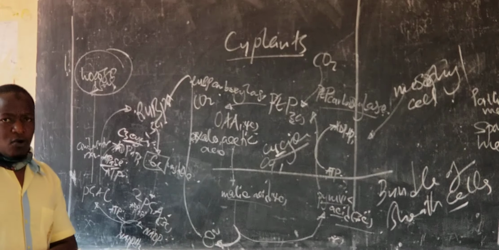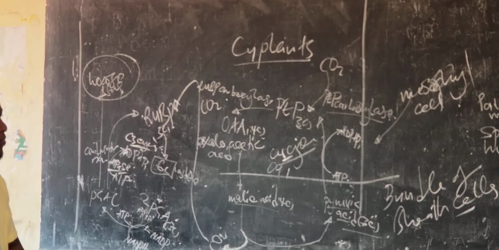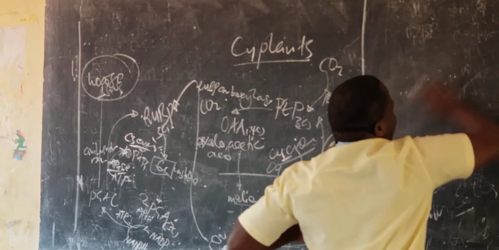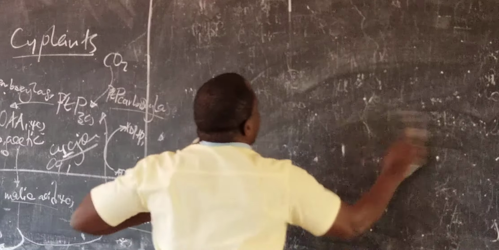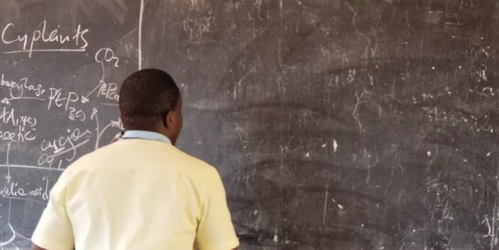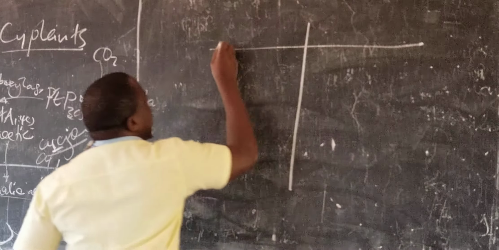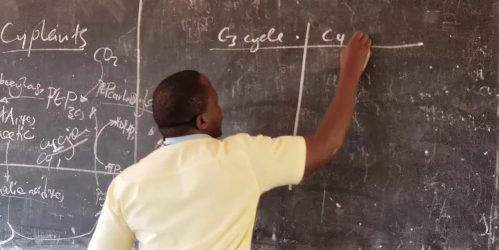You would probably construct a table whereby on one side we have the C3 cycle, and on the other side you have the C4 cycle. We have a table, and then we have the C3 cycle and the C4 cycle.